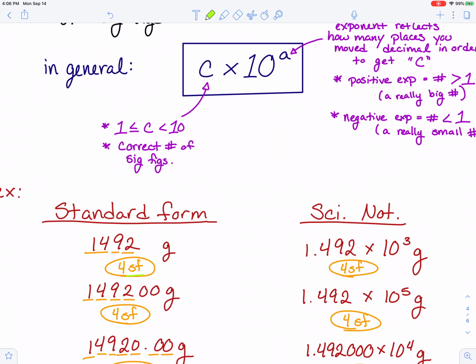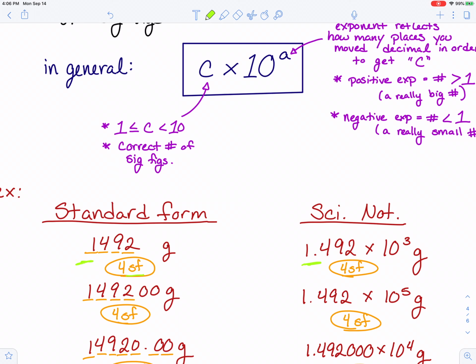And in order for this number on the right to be equal to this number on the left, which is 1,492, it's got to be 1.492 times 1,000 basically, because 1.492 times 1,000 is 1,492. But in scientific notation, we don't write times 1,000.